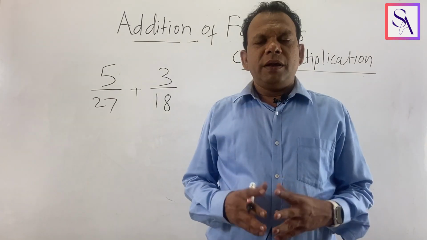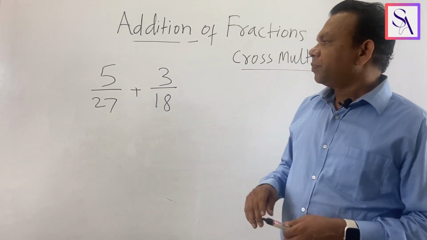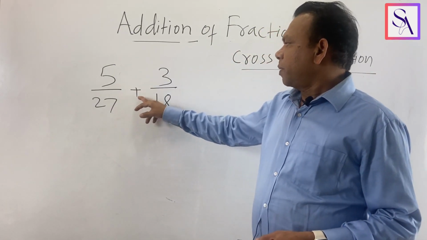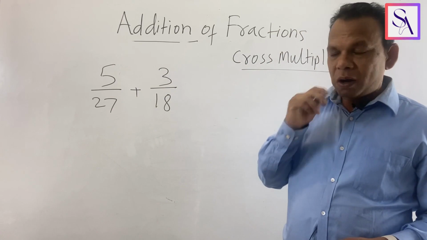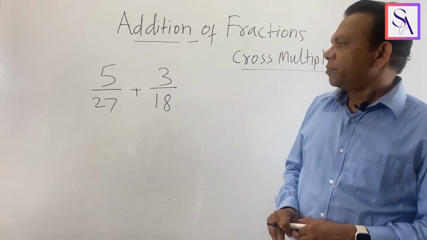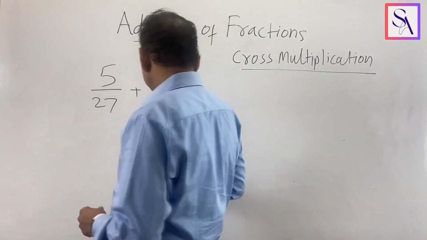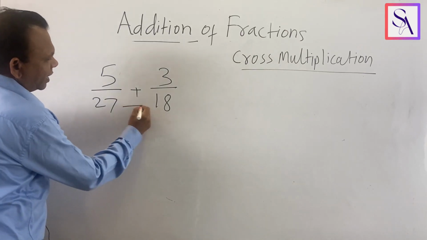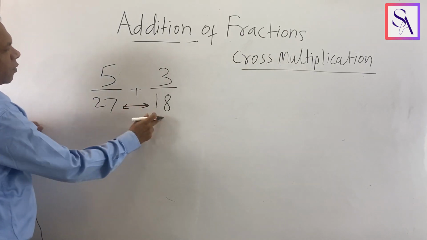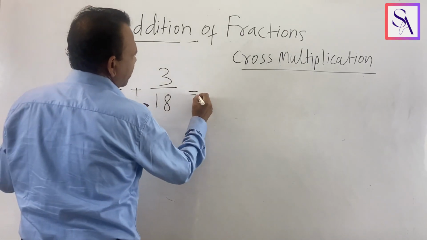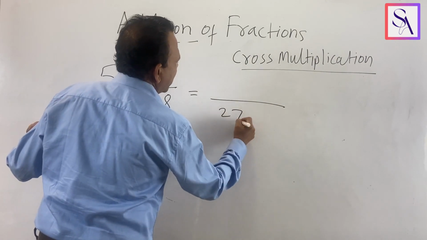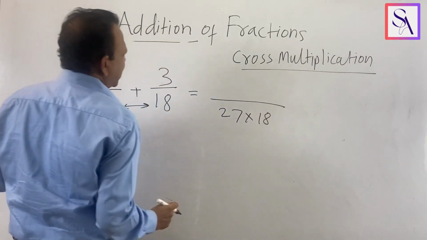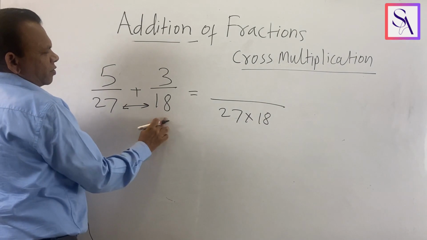Got it? Now we will take another example, 5 by 27 plus 3 by 18, to solve by cross multiplication. So what is our method? You have to multiply 27 into 18 to make the denominator the same. 27 into 18. Then you have to start from the right hand side, which is from 18.